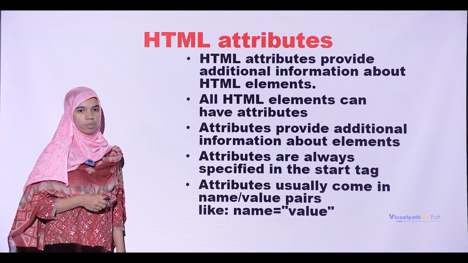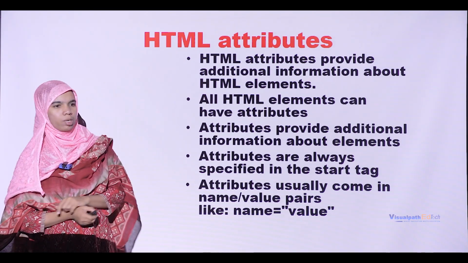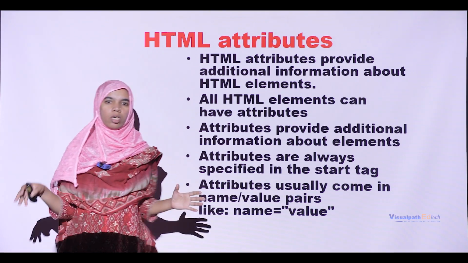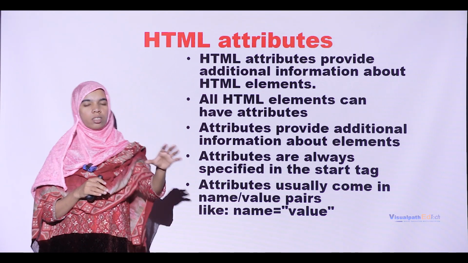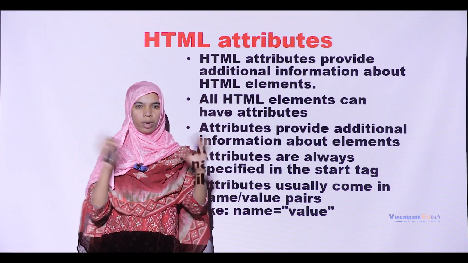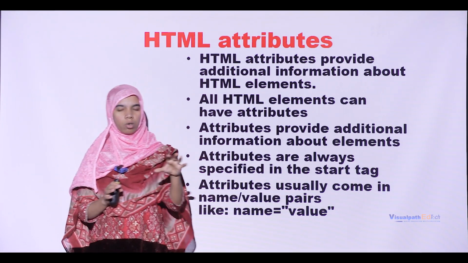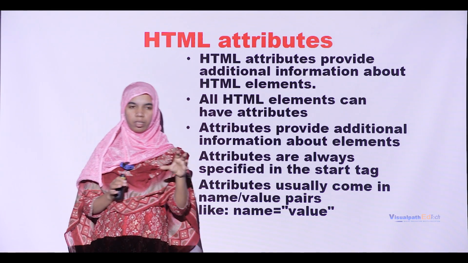Now let's come to the attributes. What is an attribute? I'll give one of the common examples. We have so many students in the classroom. Each student, I'll consider to be an element of that particular class. So there is a class of students and each student is acting as an element.